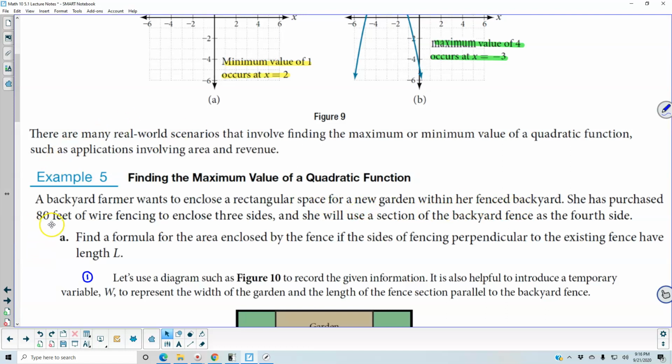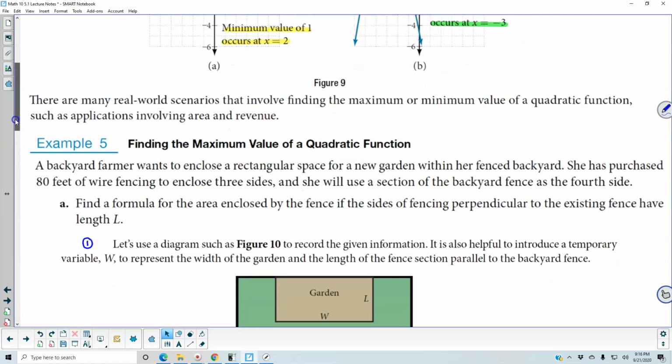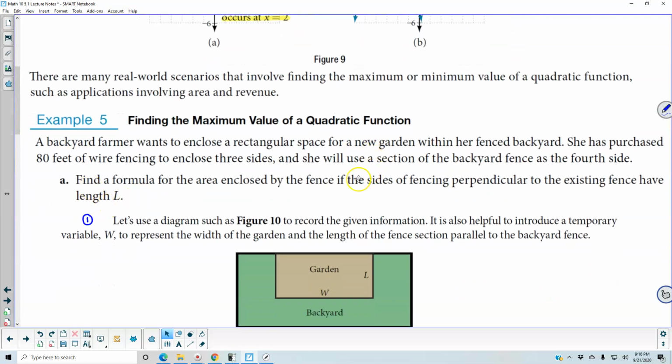She has purchased 80 feet of wire fencing to enclose 3 sides, and she will use a section of the backyard fence as the 4th side. In part A, we want to find a formula for the area enclosed by the fence if the sides of the fencing perpendicular to the existing fence have a length of L.